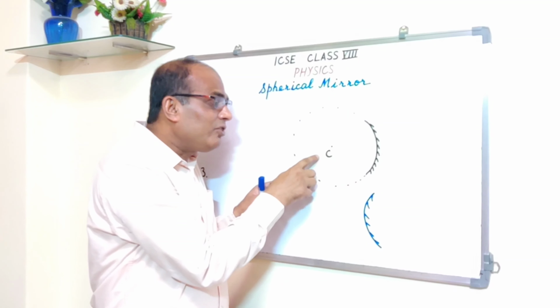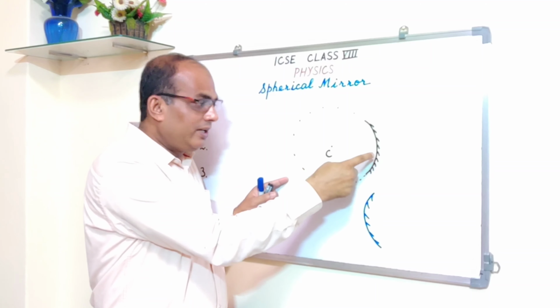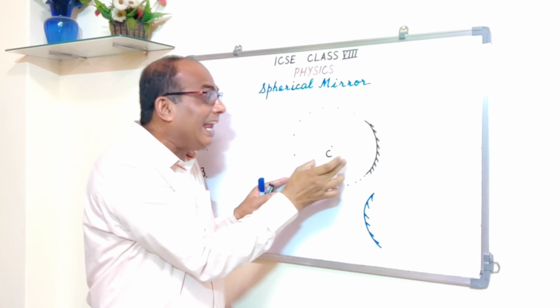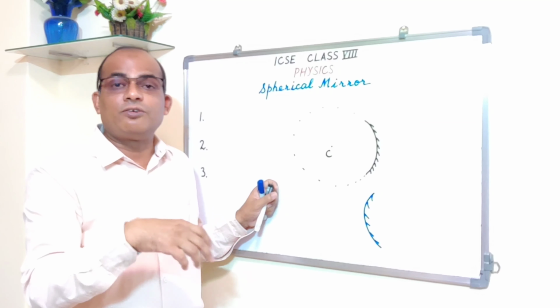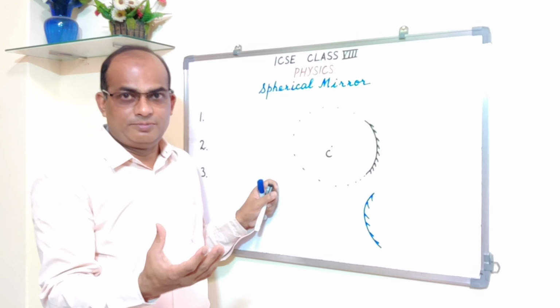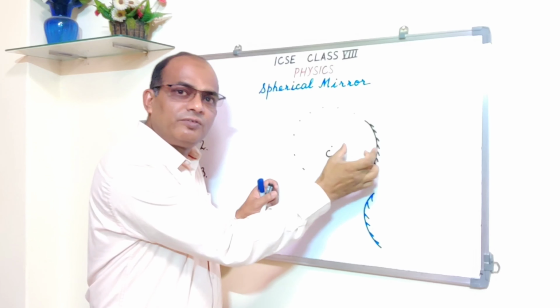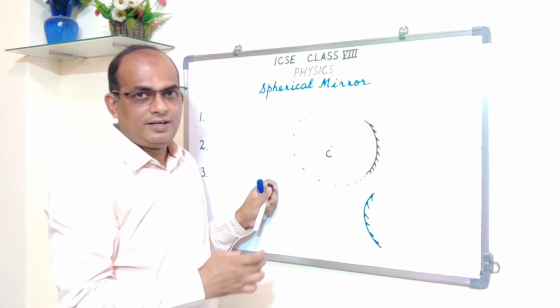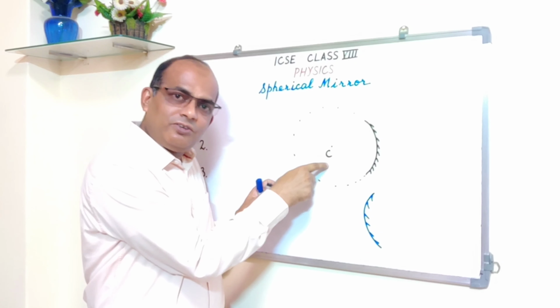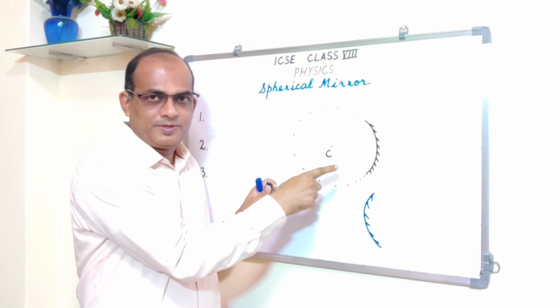The center of the sphere is called the center of curvature of the spherical mirror, and the radius of the sphere is called the radius of curvature of the spherical mirror. In this case, the radius of curvature of the concave mirror.